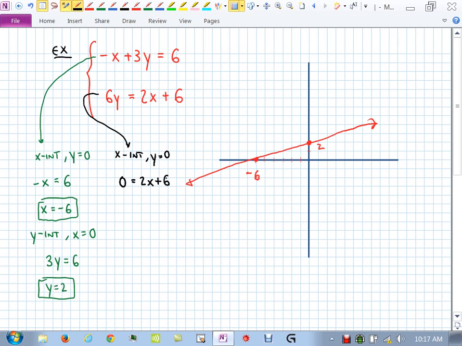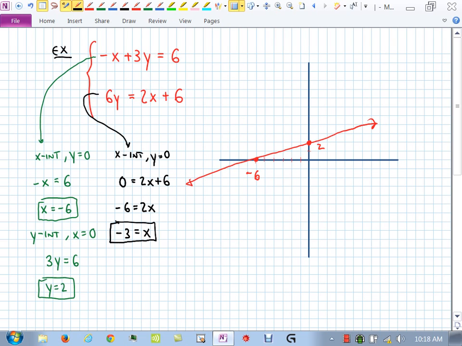Can you solve that for x? This is like what we did the first couple of days of class, right? You have to get the variable by itself, so you move the 6 to the other side by subtracting it on both sides. So you get negative 6 equals 2x. And then divide by 2. So x is negative 3. Is that okay?